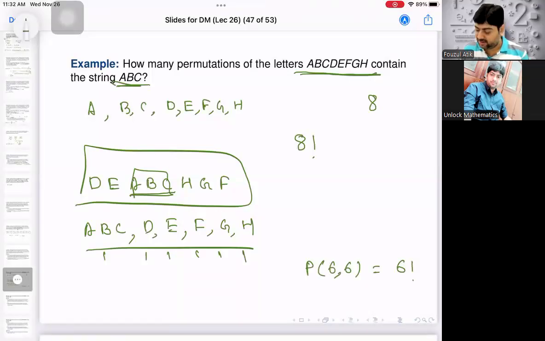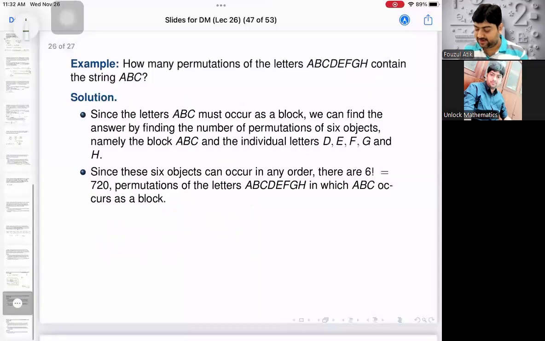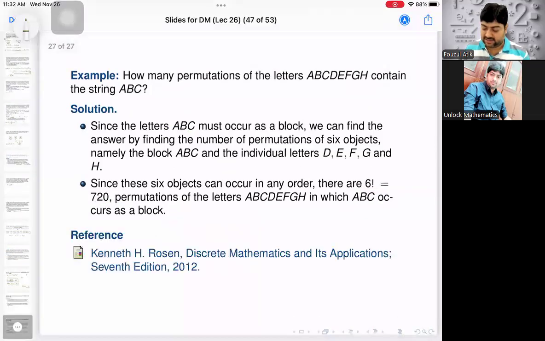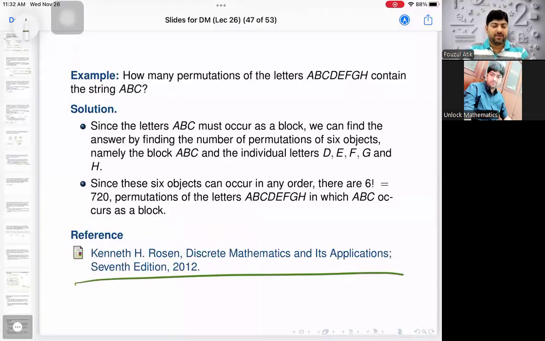What is the value of 6 factorial? It is 720. Clear? I hope this is clear. So this is the final answer. You can make a block, and then there are 6 factorial permutations where the string ABC will be appearing. All this content I have taken from this book only.